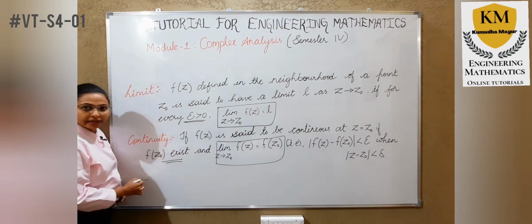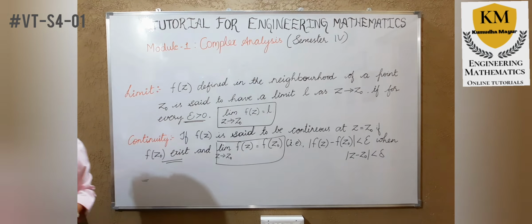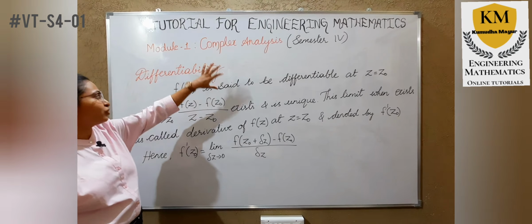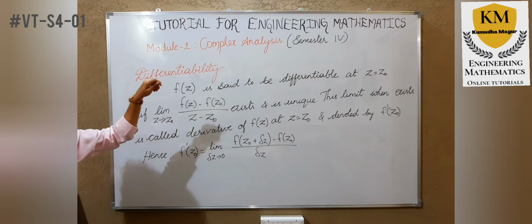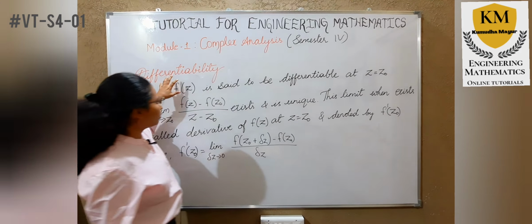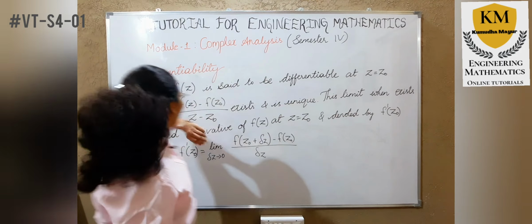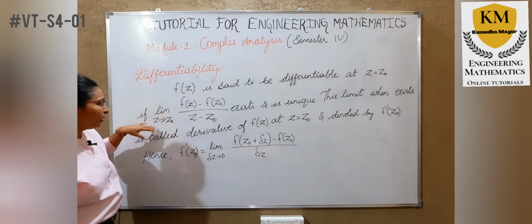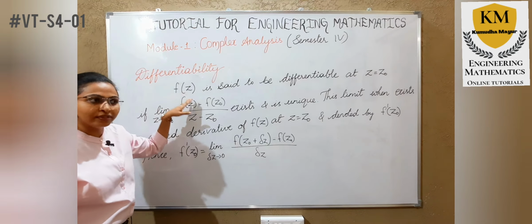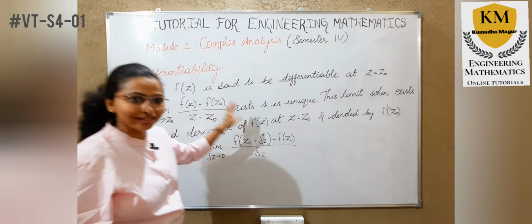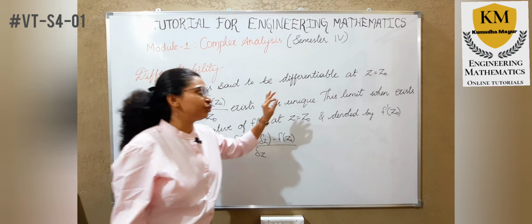Further, let us understand the concept of differentiability. If f of z is a complex valued function, it is said to be differentiable at z equal to z0 if the limit z tends to z0 of f of z minus f of z0 divided by z minus z0 exists and it is unique.